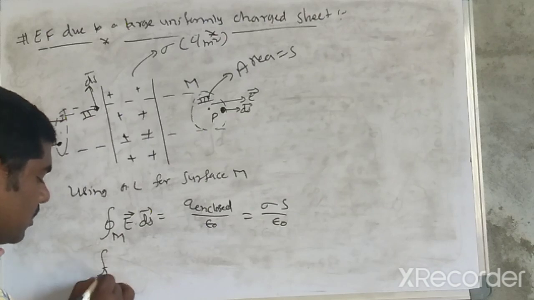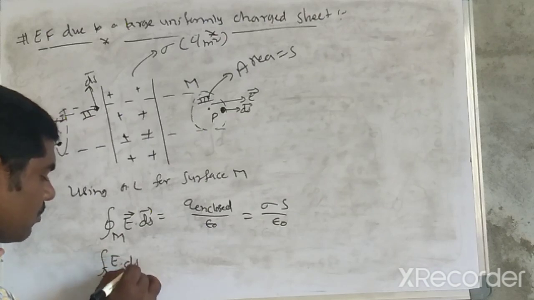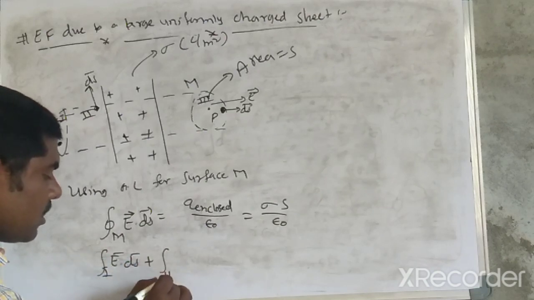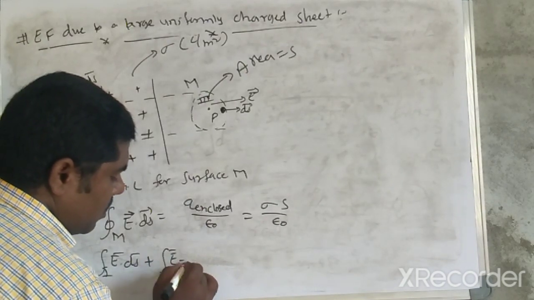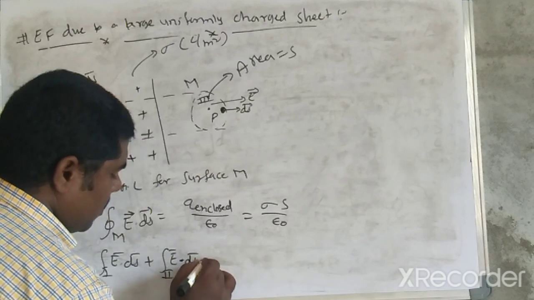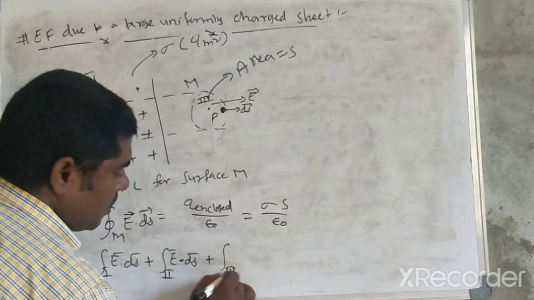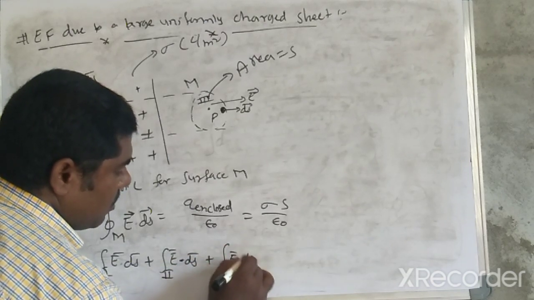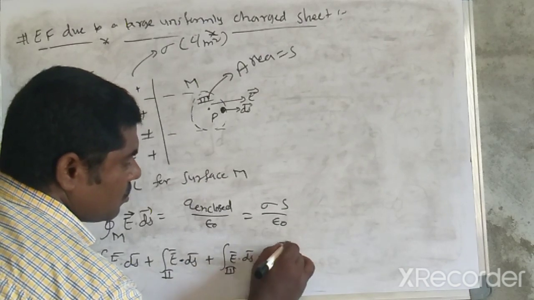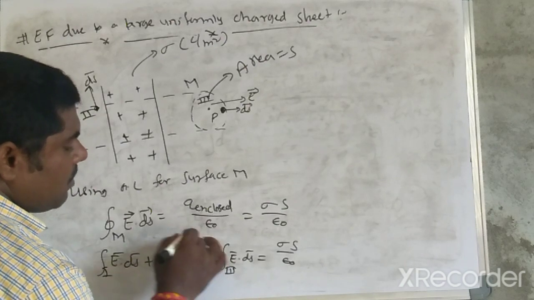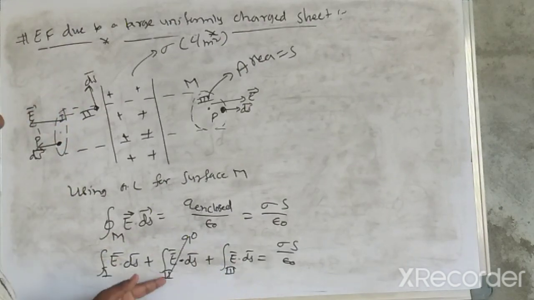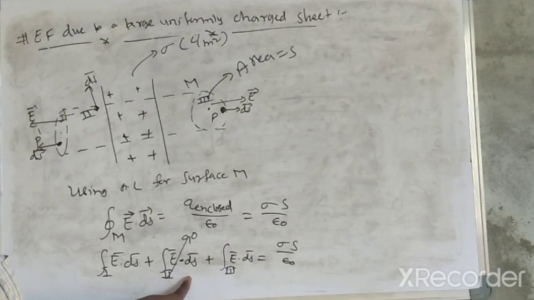It means integral of the first surface E bar dot ds bar plus integral of the second surface E bar dot ds bar plus integral of the third region E bar dot ds bar is equal to sigma S divided by epsilon naught. The second one becomes 0 because the angle theta between the electric field and the surface area is 90 degrees.